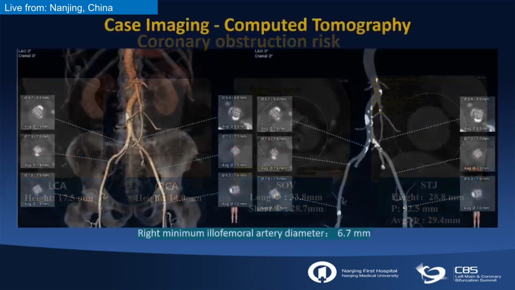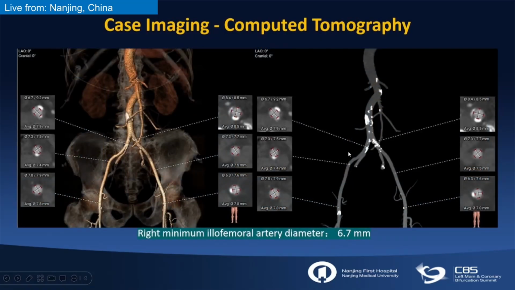Next. So from the CT analysis, the peripheral artery is large enough with minimal calcification at the femoral arteries. So from this CT analysis, I think the transfemoral approach is the first choice. Next.